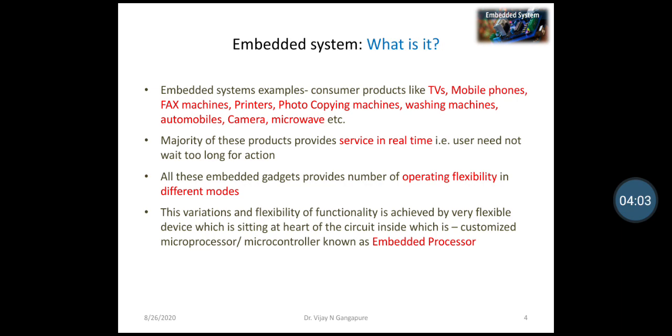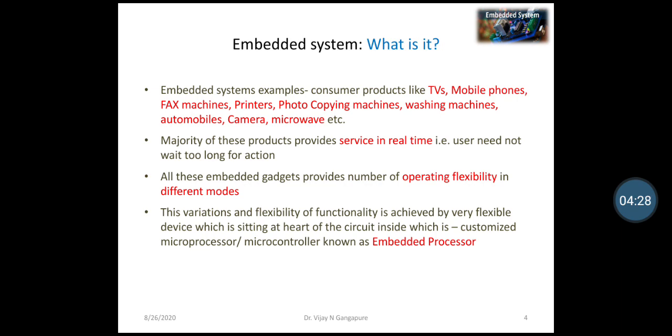So all these embedded gadgets provide a number of operating flexibility in different modes. These variations and flexibility of functionality is achieved by a very flexible device which is sitting at the heart of such consumer products, and that is nothing but a customized microprocessor or microcontroller, and that is known as embedded processor. For example, take an example of mobile phone.